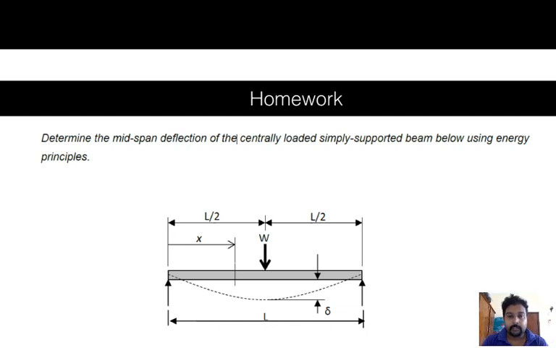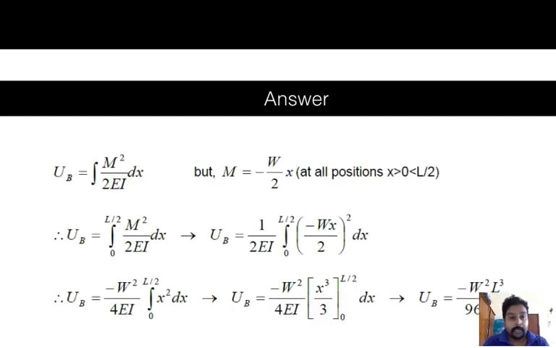Now if you look at the solution, the strain energy U_B is equal to the integral of M squared divided by 2EI dx.